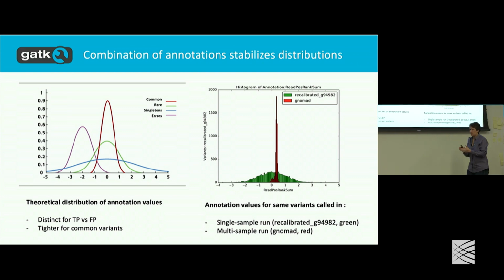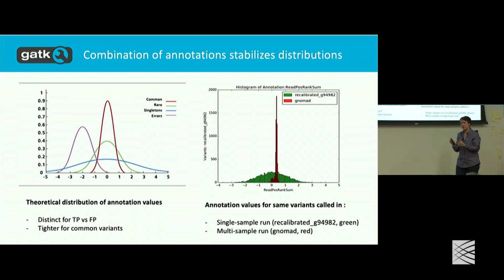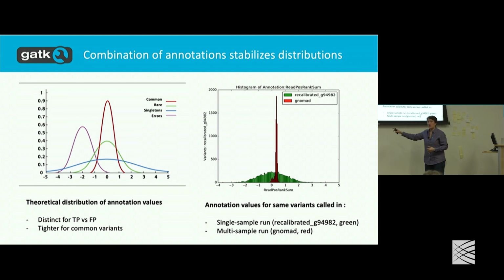The entire goal of filtering is to increase the gap between those distributions. So you have more separation, and you can make more confident decisions about what to leave out versus what to keep for your analysis. So that's theoretical, and this is showing it in practice.